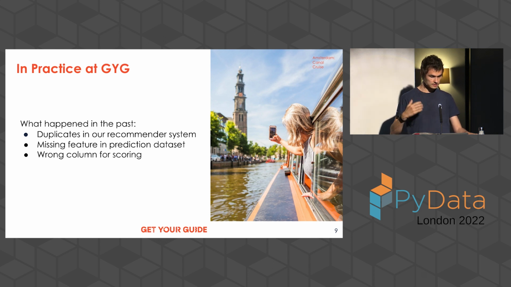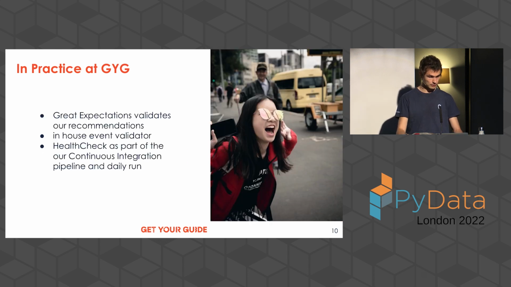And so these incidents led to actions to avoid reproducing them. For example, we introduced Great Expectations to validate our recommendation data set before we push it to our customers.